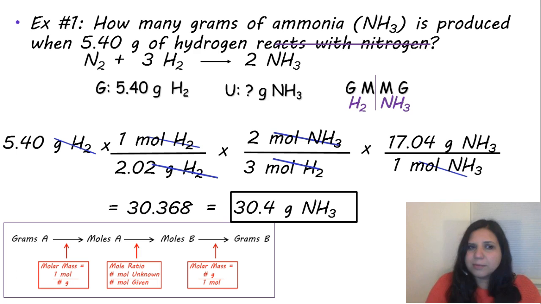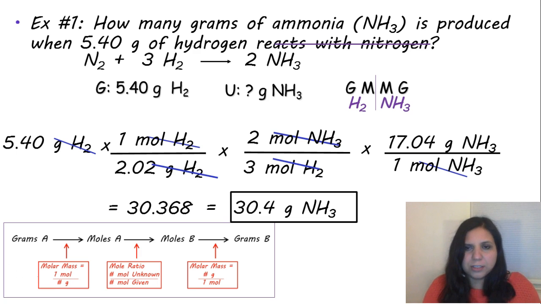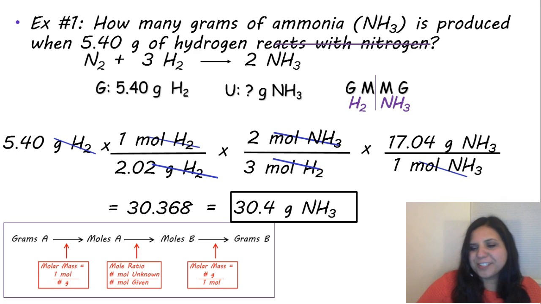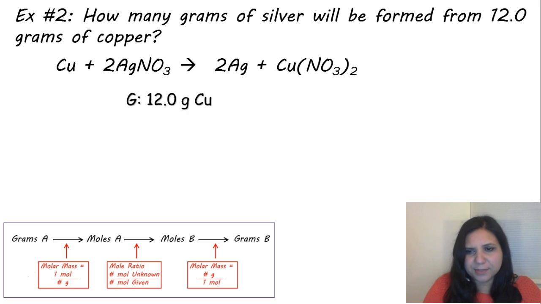This is an example where we're going all the way across from gram to gram, and we're changing it from one substance to another by using the balanced chemical equation. Second example. How many grams of silver will be formed from 12 grams of copper? And the balanced equation, again, is given. You're welcome. So the given here is 12 grams of copper.